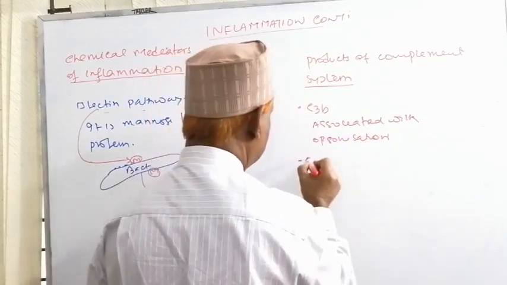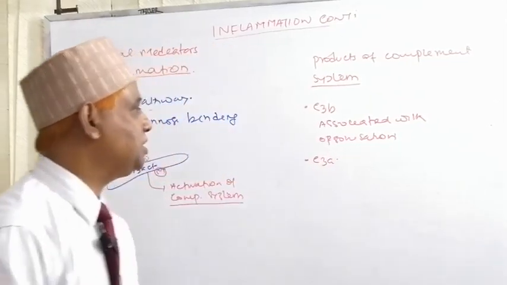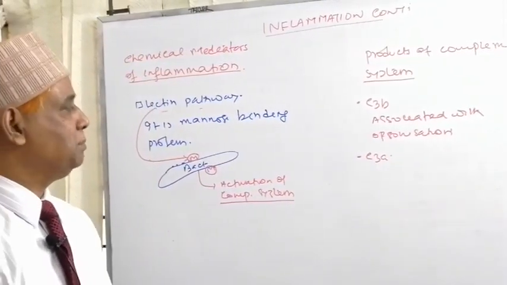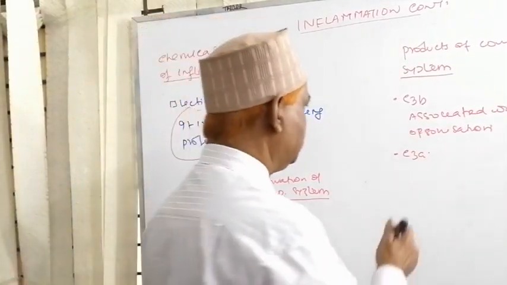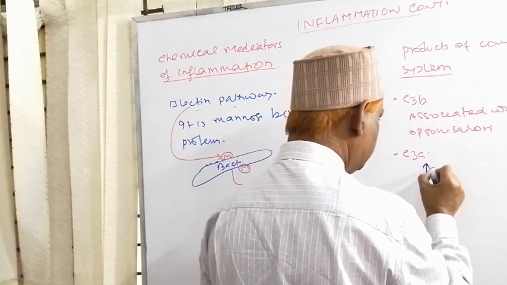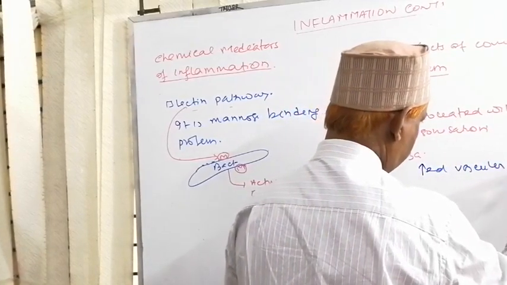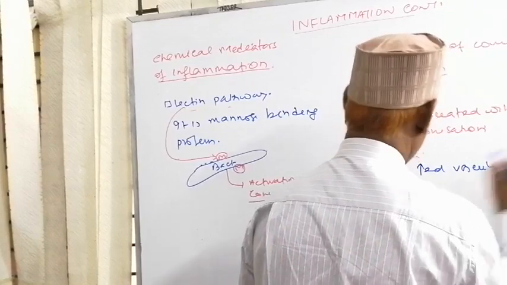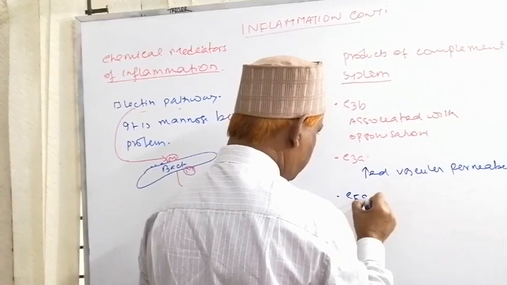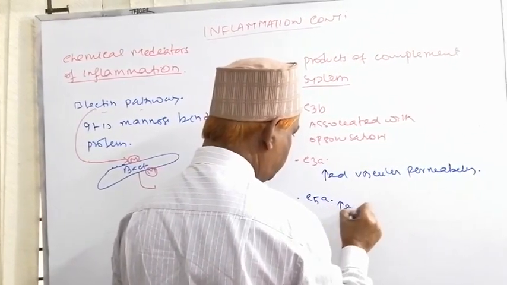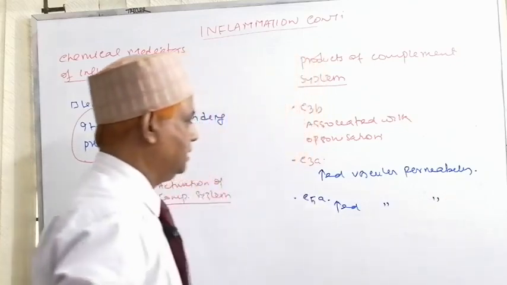Then C3a. C3a is a product of complement system. It is associated with increased vascular permeability. Then C5a, it is also associated with increased vascular permeability.